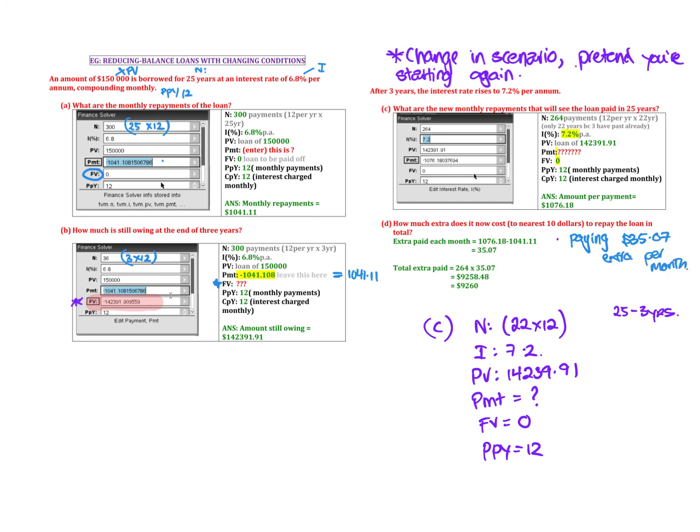Then they times that over the next 22 years. So 22 years times monthly will give you the 264. That's why that 264 is there. Does that make sense? Okay, so that's how much extra you were paying.